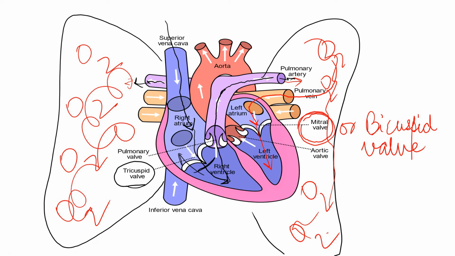Then what do you think will happen? From the left ventricle, this oxygen rich blood will enter the aorta, and from the aorta the oxygen rich blood will enter our body parts.